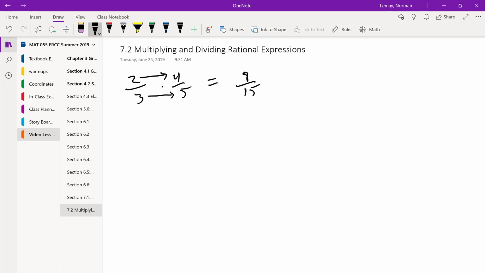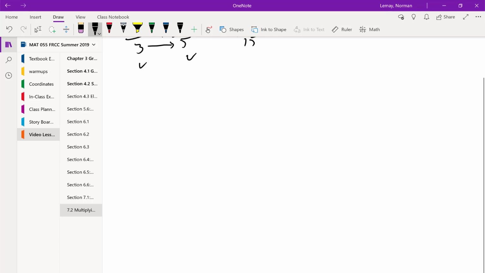But since 2/3 is reduced and 4/5 is reduced, we know that the product 8/15 is also reduced. So let's take a look at 3/4 times 8/5. Again we could multiply tops with tops and bottoms with bottoms, but here we get 24/20.